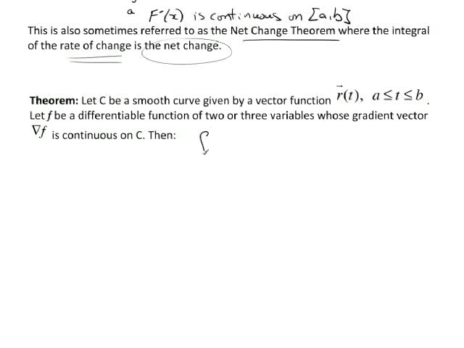Then the line integral over the curve of the gradient dot dr is equal to f of the vector r evaluated at b minus f of the vector r evaluated at a, where obviously r of a would be the initial and r of b the ending point on that curve.